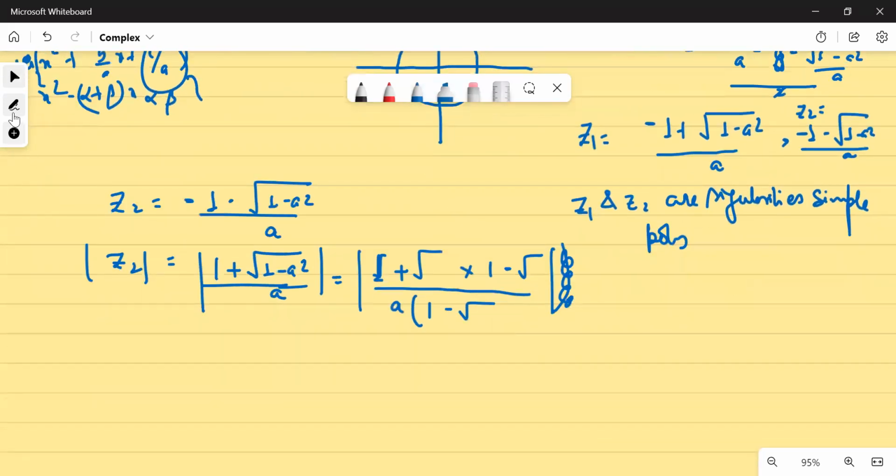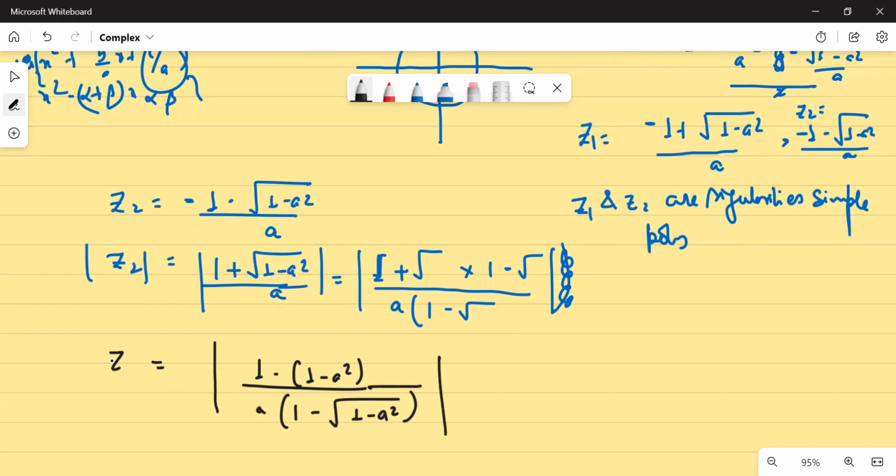If we look at it, what will come? Let us look carefully. Okay, so what I'll get is something like 1 plus, the a square will come, upon 1 minus a square upon a, and what remains is 1 minus root over 1 minus a square, right?